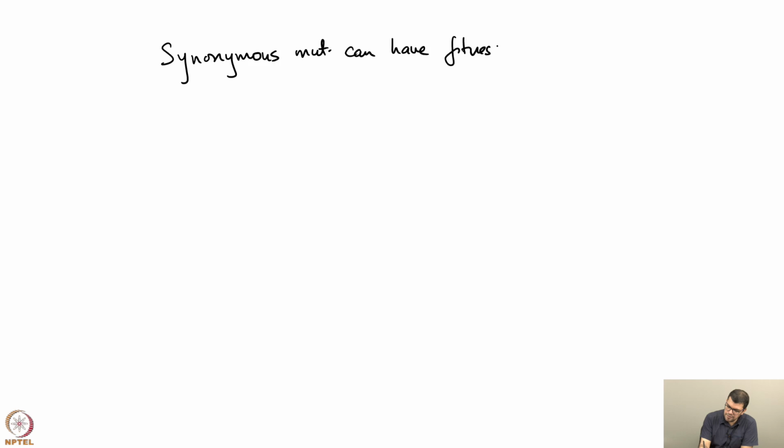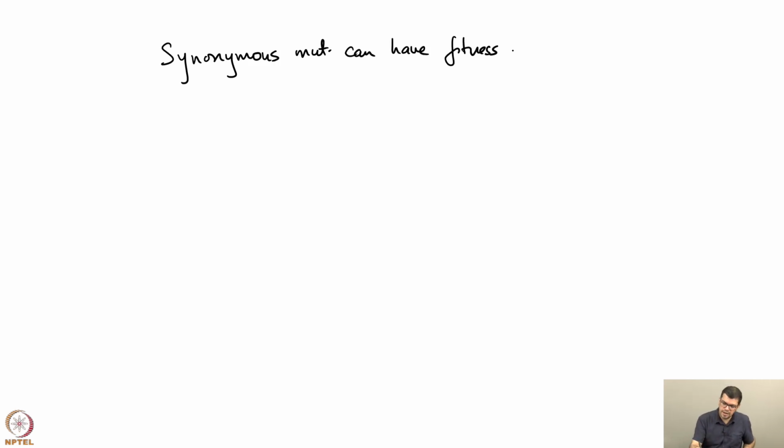So, last time we discussed how synonymous mutations alter fitness. Let me just briefly summarize what we did. Synonymous mutations can have fitness effects. This is not to say that every synonymous mutation is going to have a fitness effect.